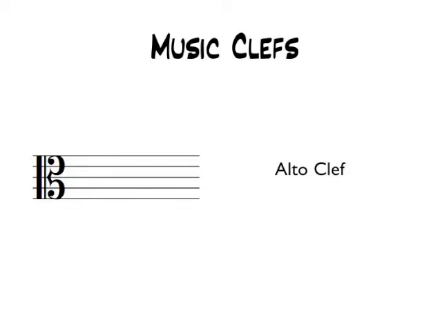Okay, some other alternative clefs that you will see, and not necessarily in basic music theory get into very much, but I'm going to make you aware of these different clefs. It's known as the alto clef, but it also has another name as movable C clef.